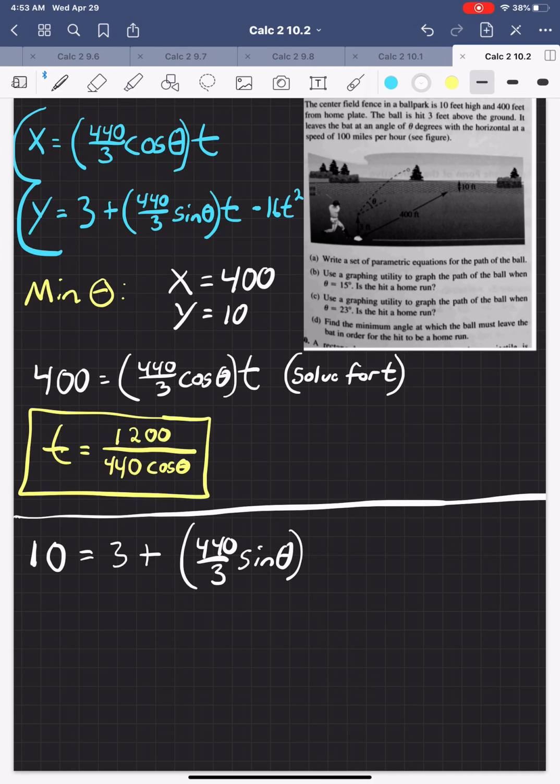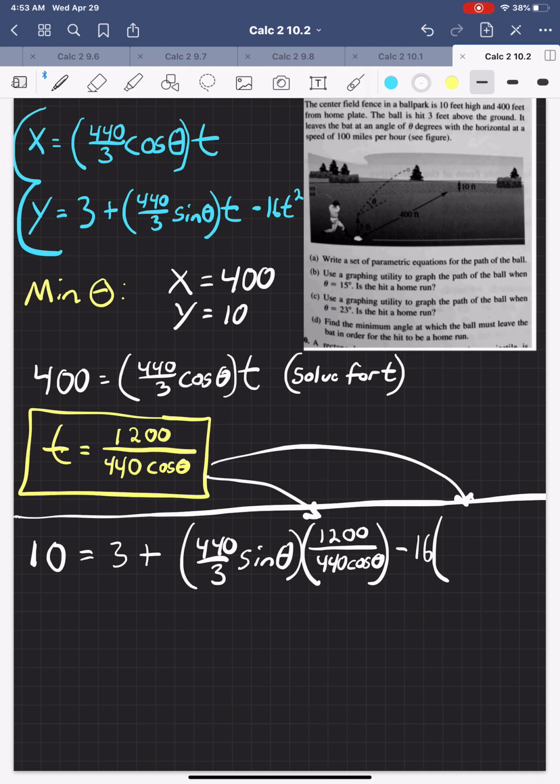And now instead of having a t, we're going to plug in the 1200 over 440 cosine of theta, minus 16, again plugging in 1200 over 440 cosine of theta, squared.